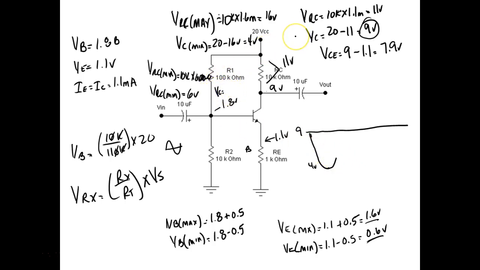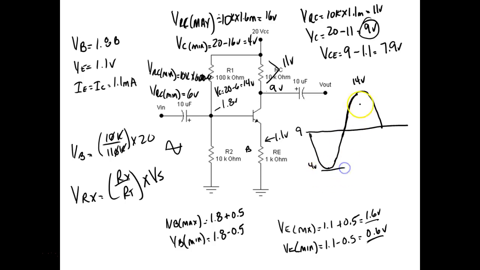VC would be equal to 20 minus 6. So it should go up to 14 volts, right? That's perfect. So I don't know what we did wrong a while ago.